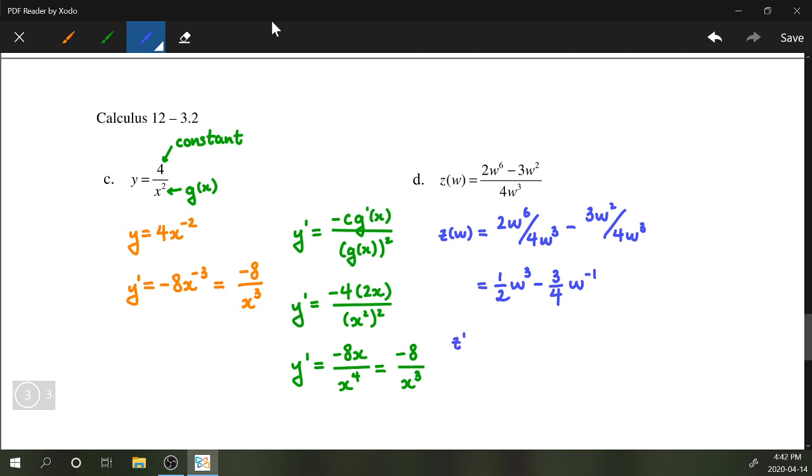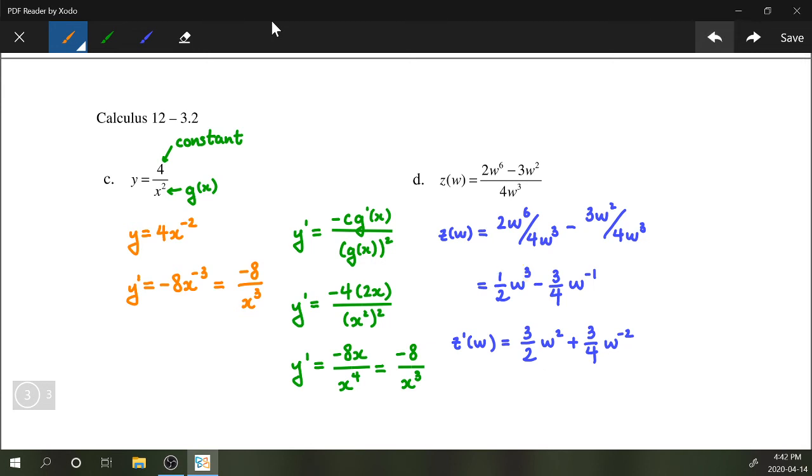So z prime of w is equal to 3/2 w squared, and then plus 3/4 w to the negative 2 power. Just straightforward application of the power rule, right? So the 3, and then this 3 becomes a 2. That's how you get 3/2 w squared for the first term.